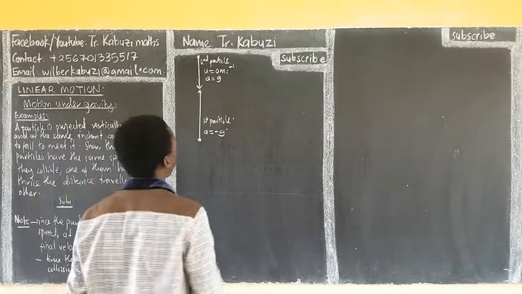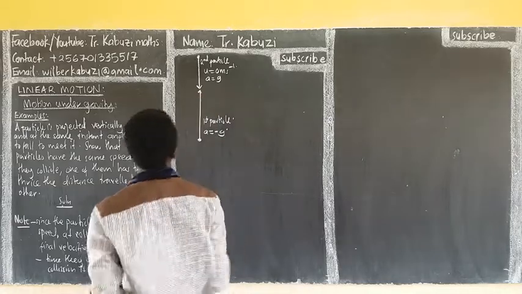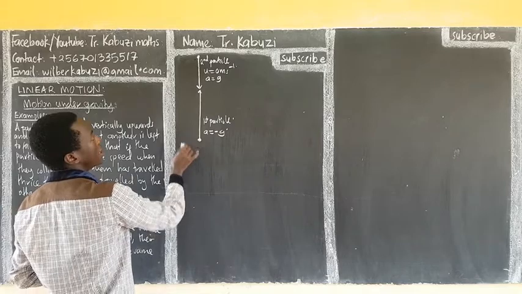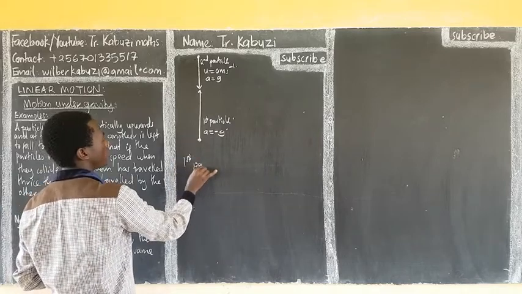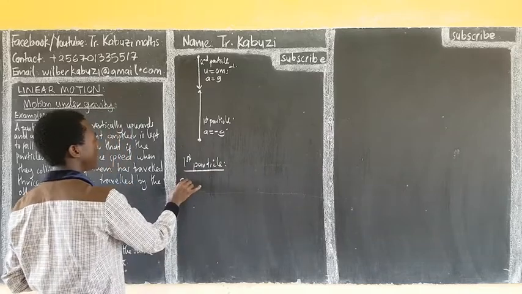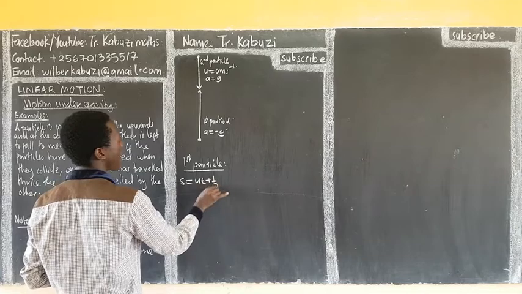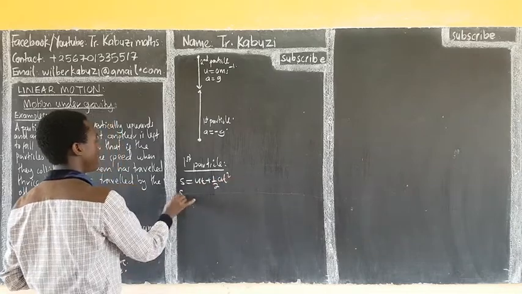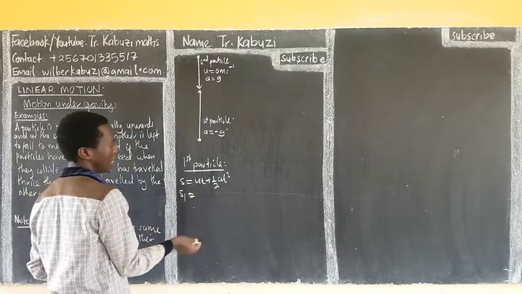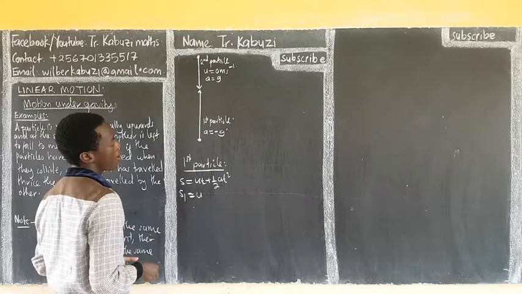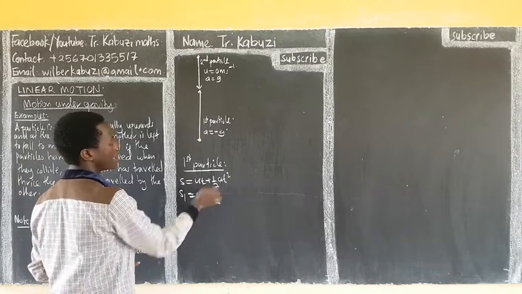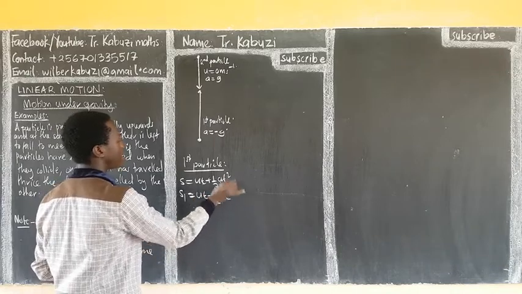Let me start with the first particle. Its displacement, using s = ut + ½at². Let me call it displacement 1. It's going to be our u, which we don't know, so let me just call it u, times t, then minus a half, because the acceleration is negative, g t squared.